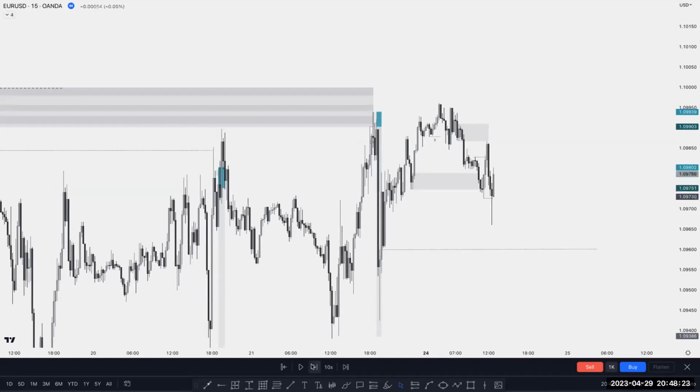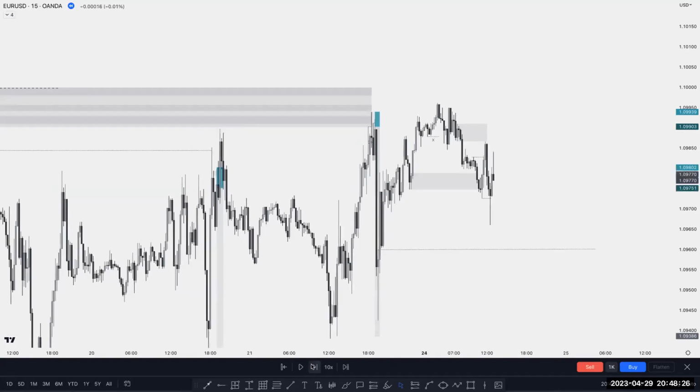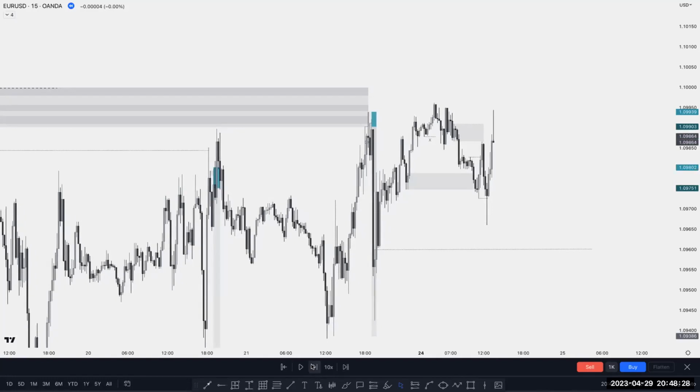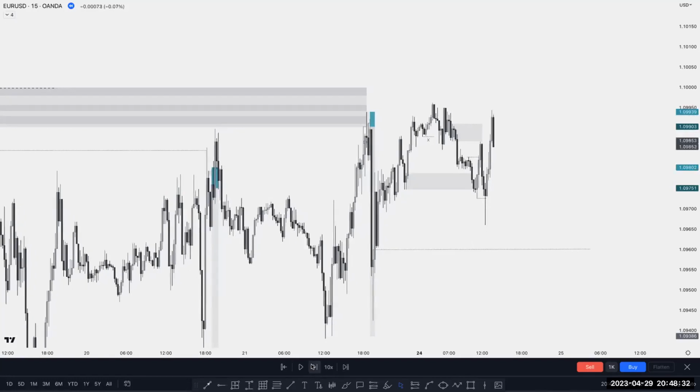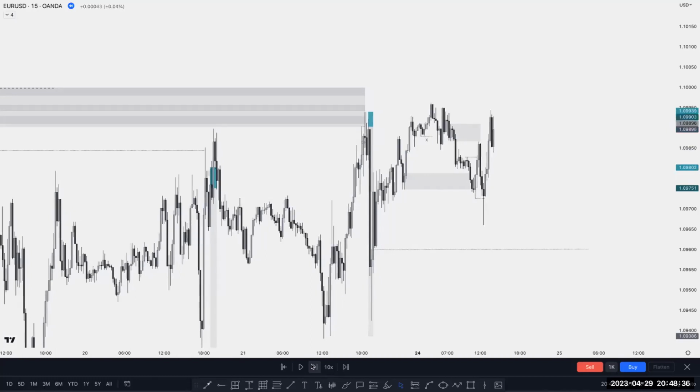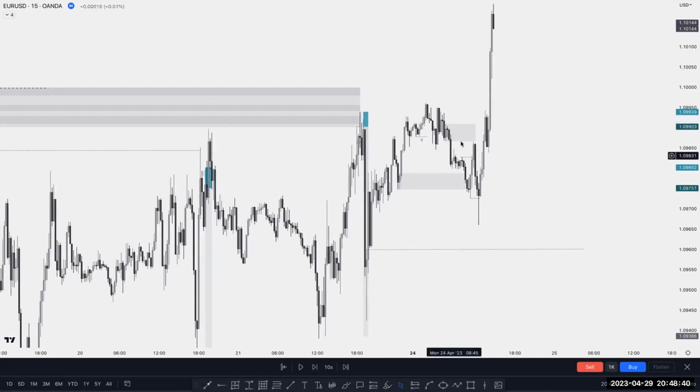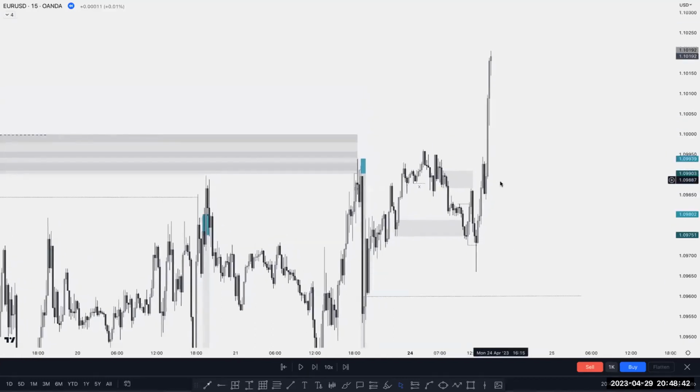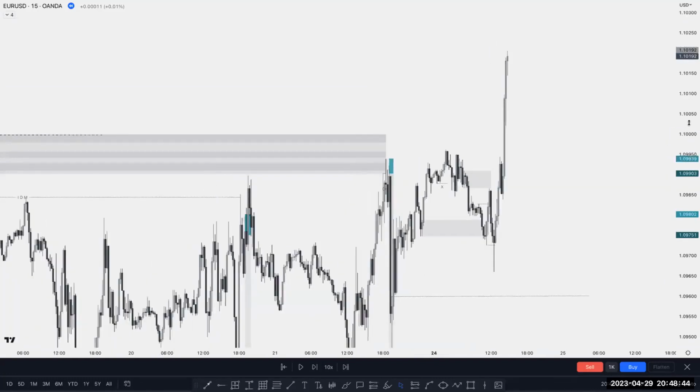So let's see. Okay, perfect. Pushing upside. Okay, all right. Okay, there is still no entry confirmation here for the buy.